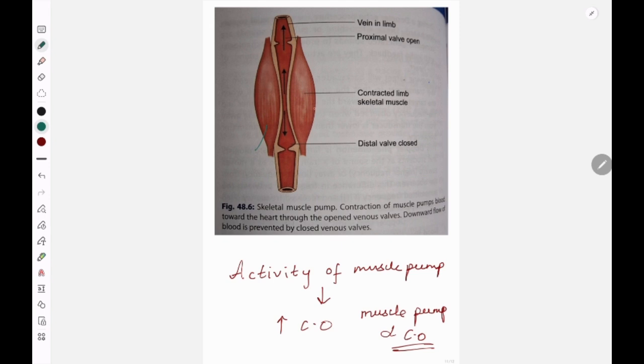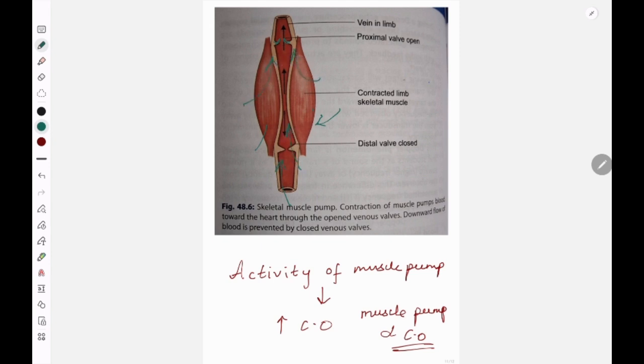Whenever the muscle contracts, as when we are walking or running or jumping, muscle contraction occurs, right? Whenever this muscle contracts, there is opening of the valves of the vein. These valves open in a unidirectional manner in this way. That will lead to the pumping of the blood in the upward direction.